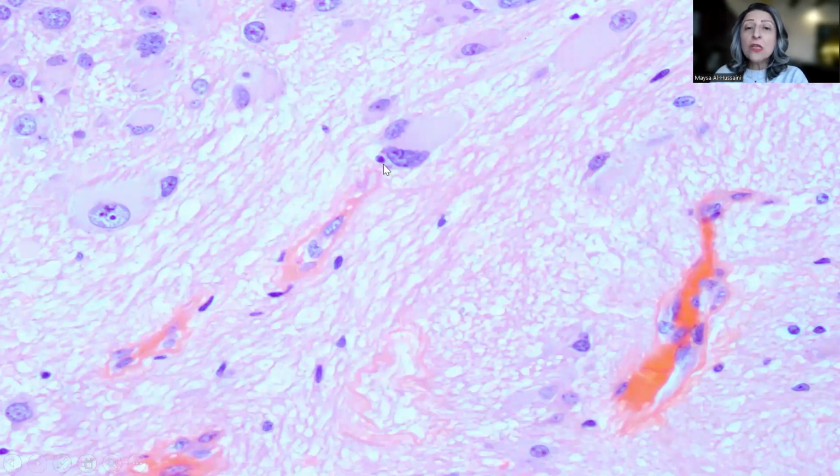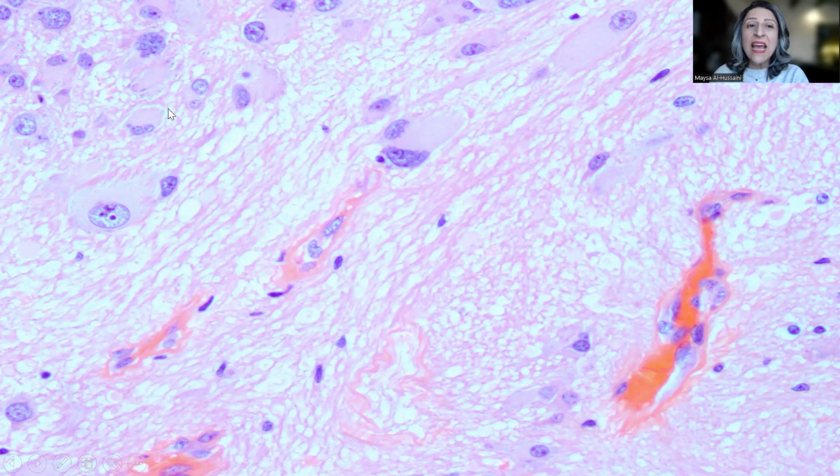Now the cells themselves have this abundant glassy acidophilic cytoplasm, the eccentric nucleus, sometimes with a prominent nucleolus, giving some resemblance to ganglion cells. An important clue that these are not ganglion cells is that we do not see any Nissl substance at the periphery of the tumor.